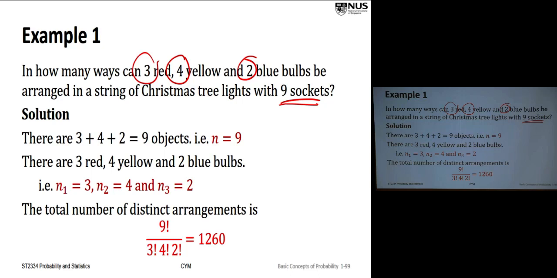So we have to divide by 3 factorial. Similarly, you also have to consider the other 4 yellow. The numbers that you label yellow now become 1, only yellow color. So you divide by 4 factorial. So altogether, it's 9 factorial divided by 3 factorial, 4 factorial, and 2 factorial. All right? So that's the number of ways to do it.